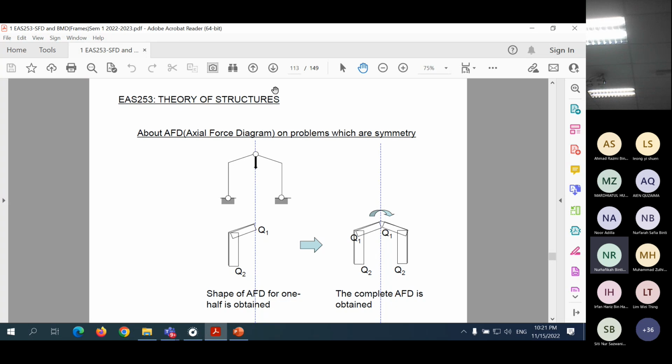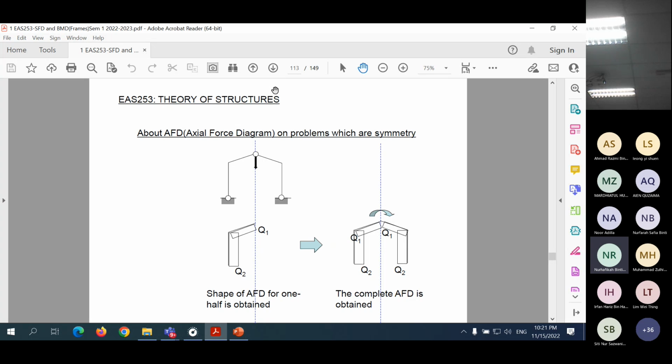Of course, if we don't want to take note of this, we can calculate the whole thing. But if you know the characteristics, we can save time. And also, if you know the characteristics, we can check your bending moment diagram. For symmetry, it should have certain characteristics of shape.